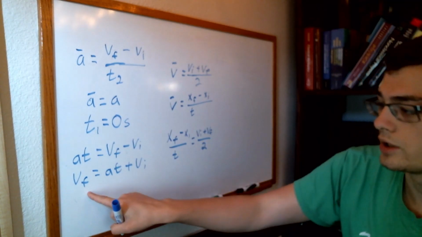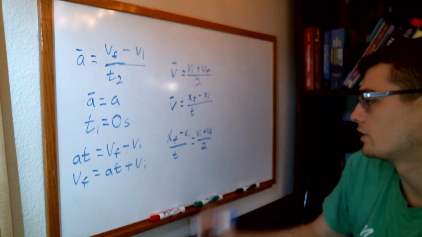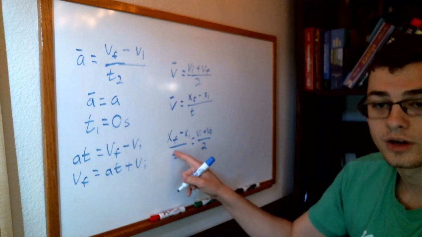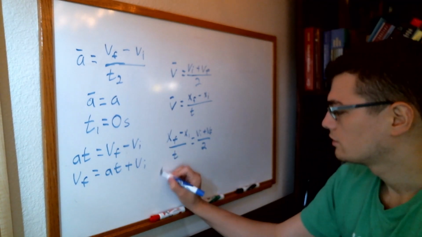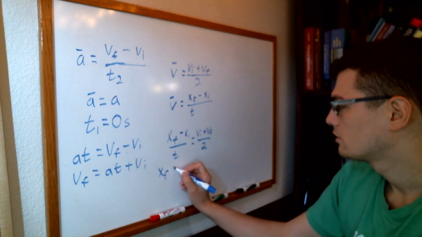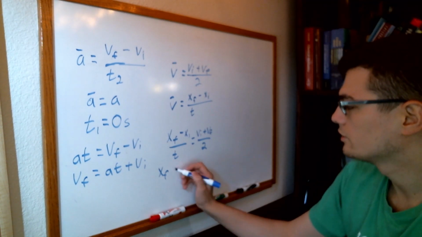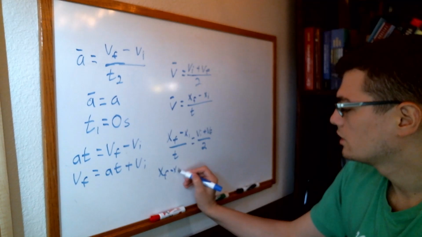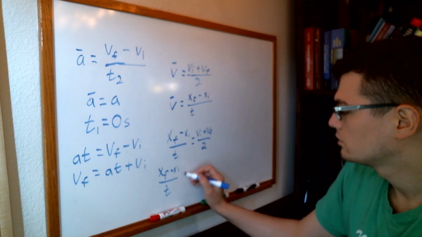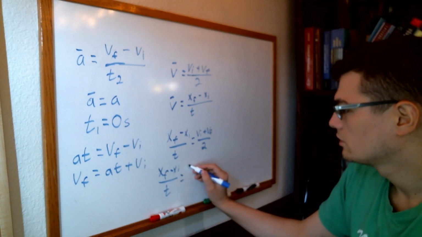And then we're going to plug in our equation that we derived here and then solve for xf. So first thing we're going to do is we are going to plug that in.